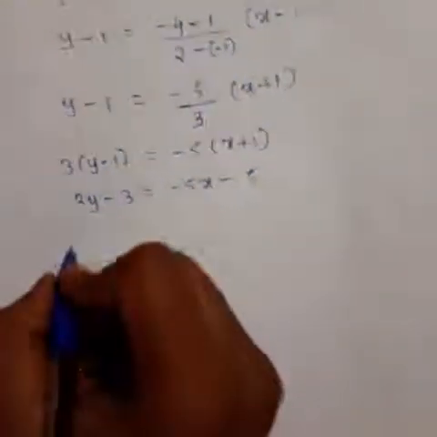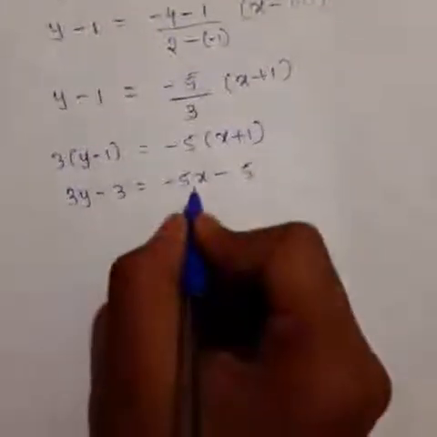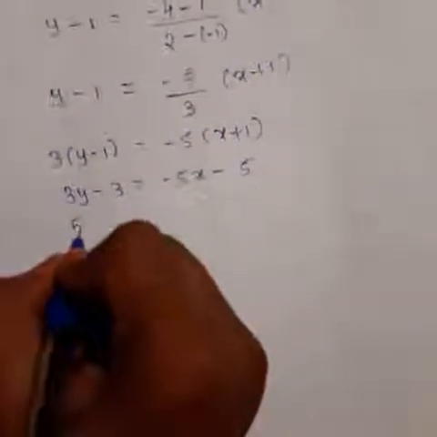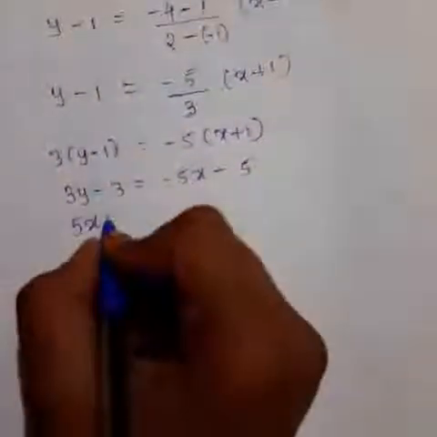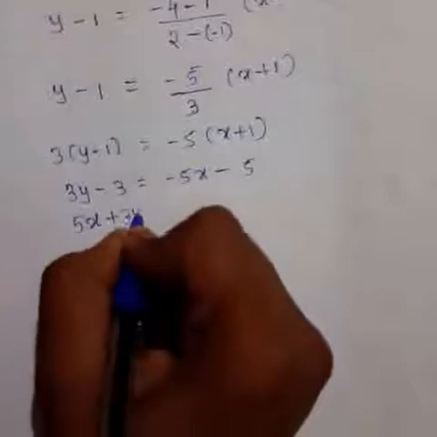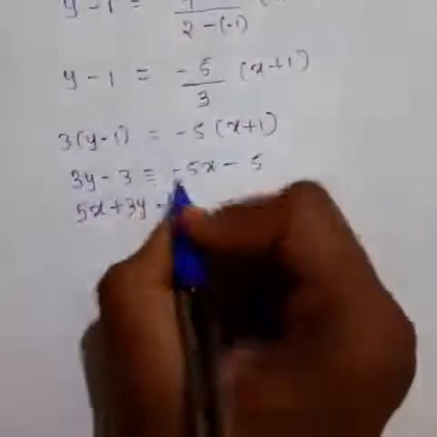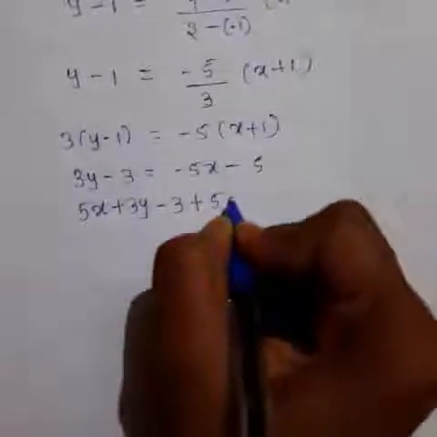The next step is rearranging this one. -5x goes to the LHS side, it becomes +5x. This +3y is as it is, -3 is as it is, -5 goes to this side, +5 is equal to 0.